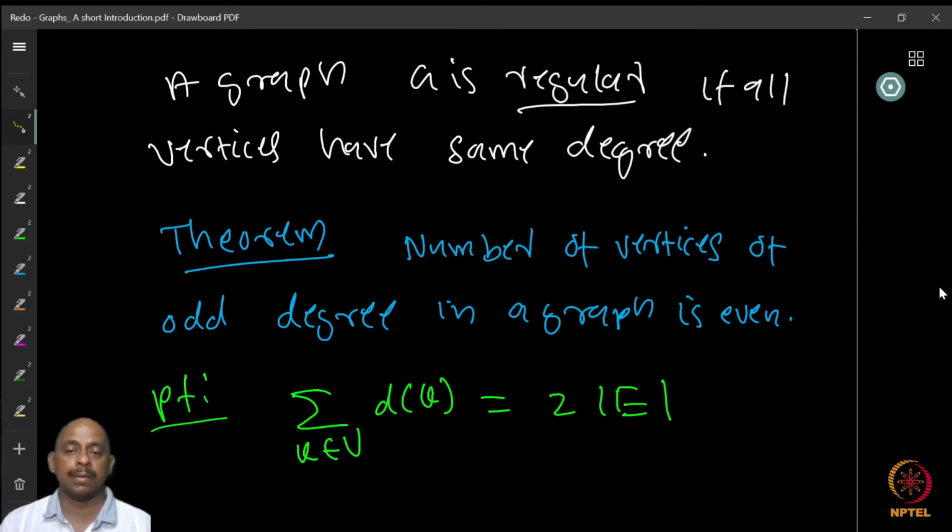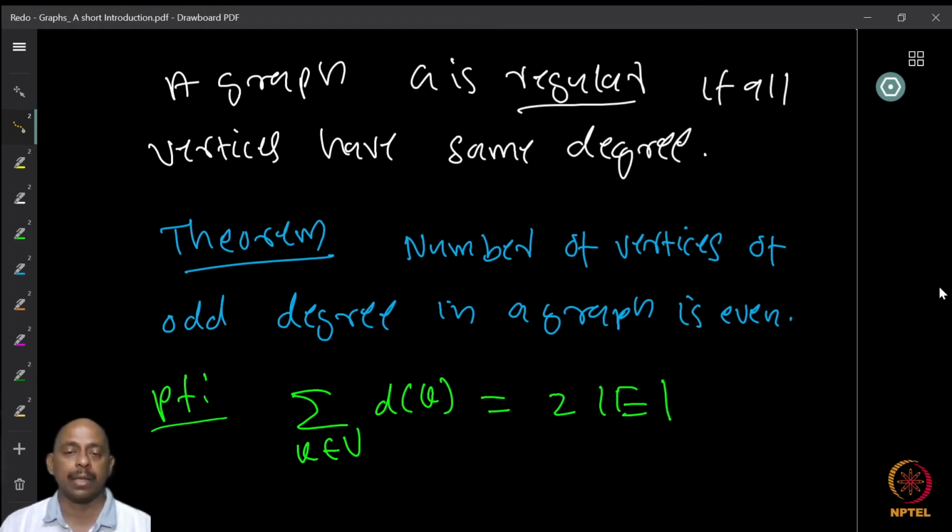Then you have even times something plus odd times odd, so I have an even number plus an odd number, which is an odd number. But an odd number cannot be twice the number of edges, which is an integer. So if I have this theorem, then I know that the number of vertices of odd degree must be always even.